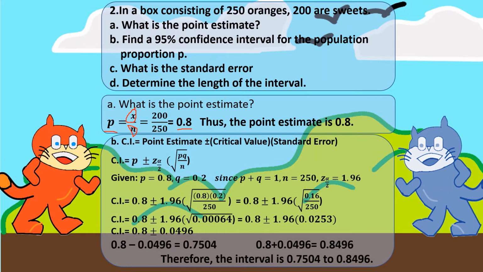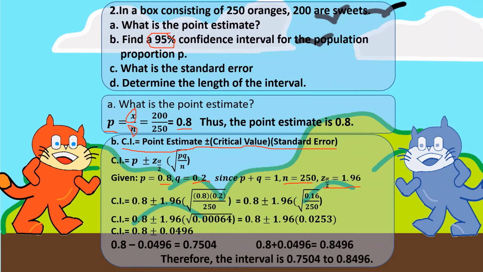For the second problem, confidence interval. The confidence interval is equal to point estimate plus minus the critical value multiplied by the standard error. Given our P is 0.8 and our Q is 0.2, since P plus Q is 1, our n is 250 and the critical value is 1.96 because the confidence level is 95%.